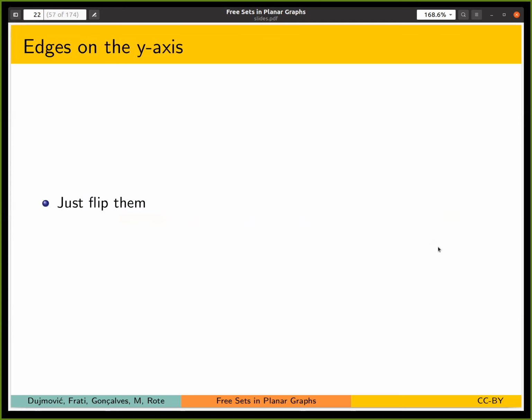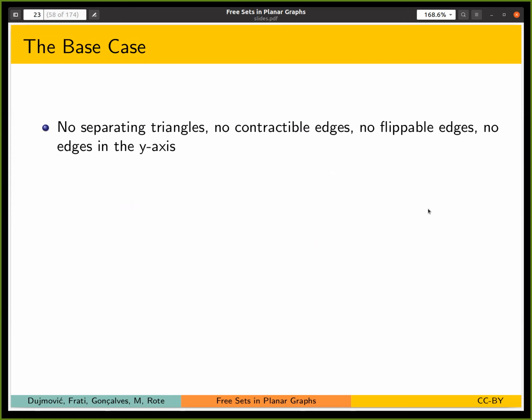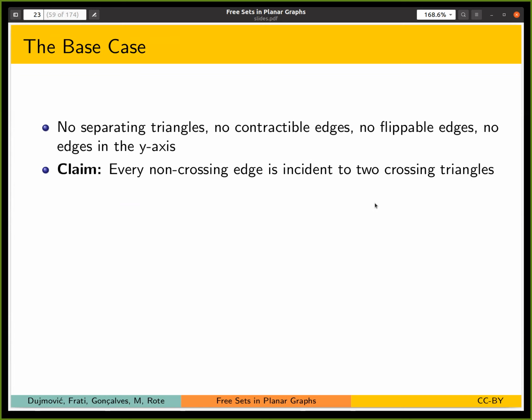There's no difficulty there. All right, so finally you do all of this. There's no more separating triangles. There's no more of these contractible edges, none more of these flippable edges, and there's no edges in the y-axis. And then you can argue that if you have an edge which does not cross the y-axis, that still remains after doing all of this, then its two incident faces cross the axis.